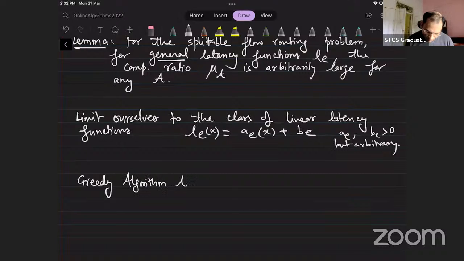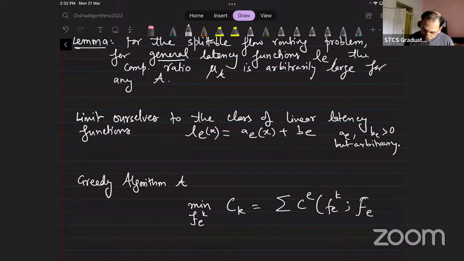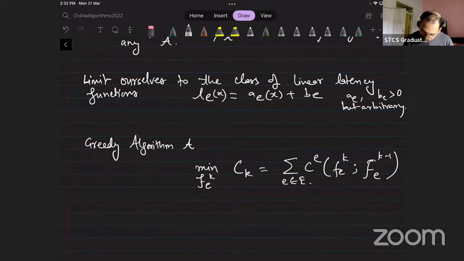algorithm A, which minimizes the cost C_K over f_EK, which is given by the sum over all E of C_E(f_EK given f_EK minus 1). Now for this type of functions where L_E is equal to A_E x plus B_E, what do you think?